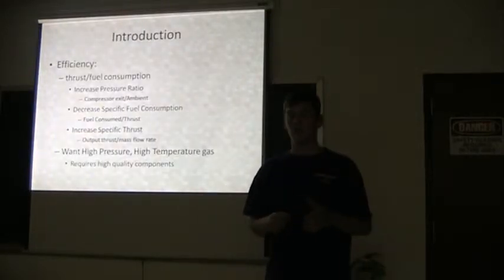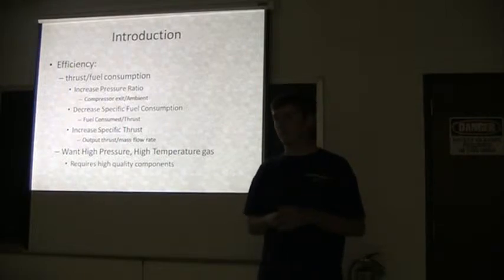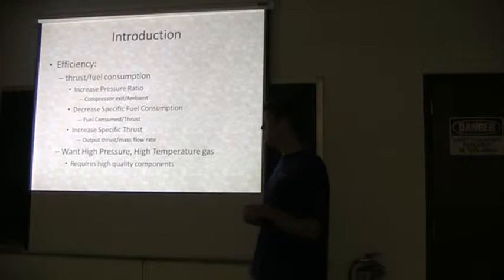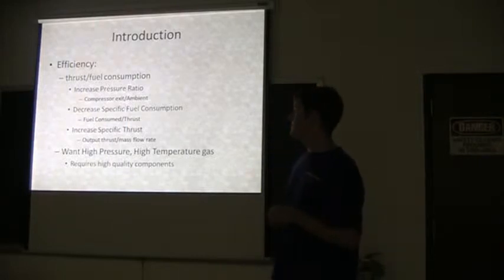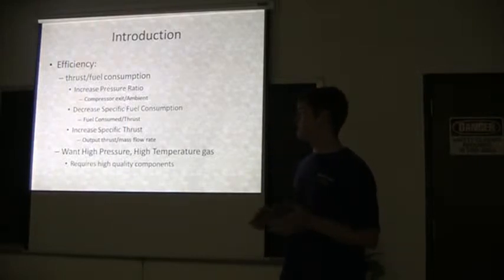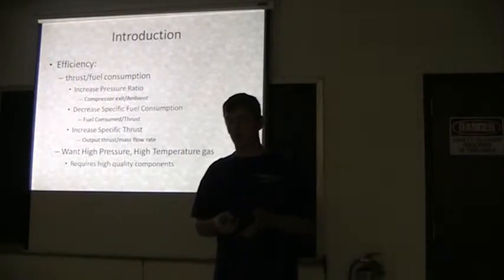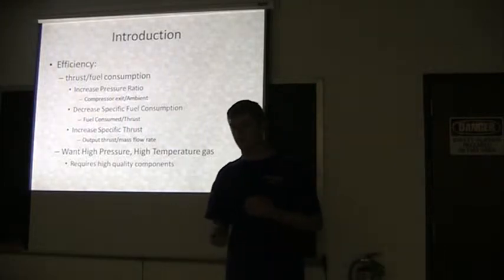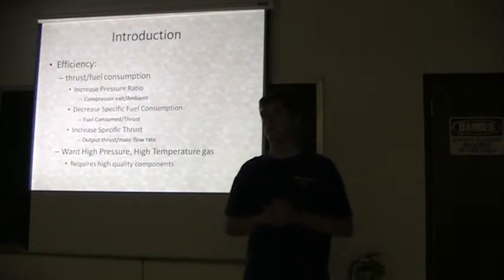Okay, and we'll be looking at the efficiency of the turbine. The efficiency is defined as the thrust to fuel consumption ratio, and we want to increase the pressure ratio, which is defined as the compressor exit pressure versus the ambient pressure.